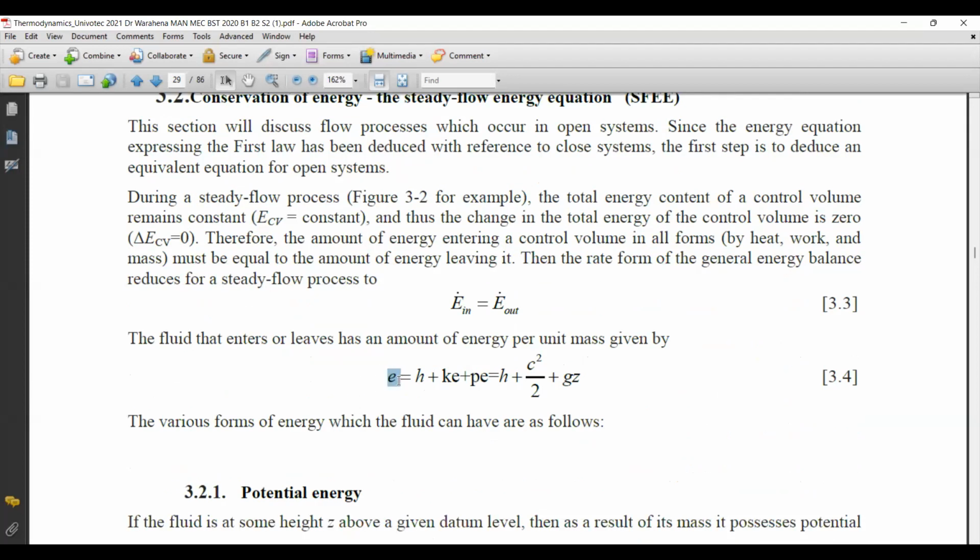E. And this tells that the various forms of energy which the fluid can have are as follows. Means E has various forms or various components. That's why E is H plus Ke plus Pe. It's mentioned here. Okay. Various forms.